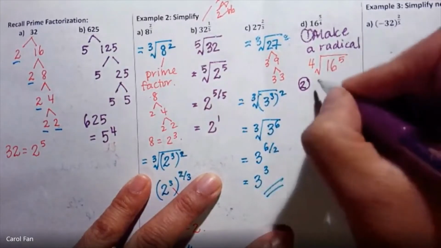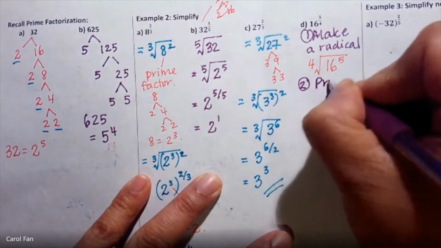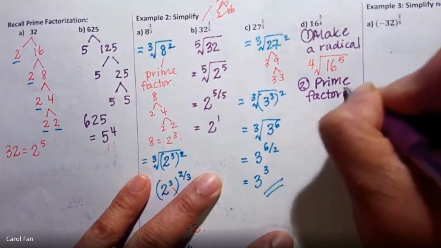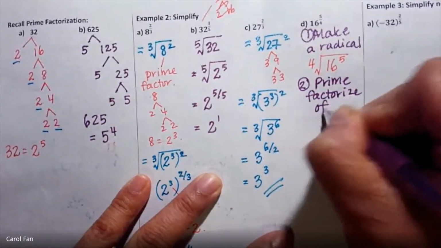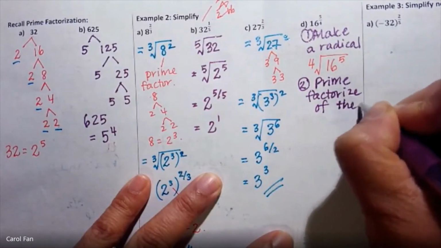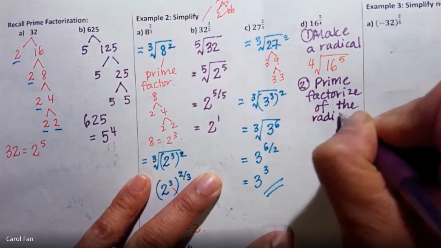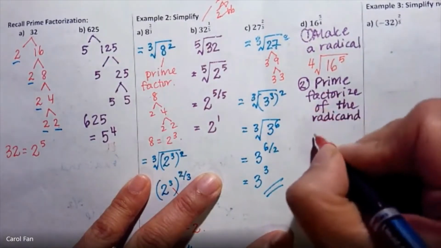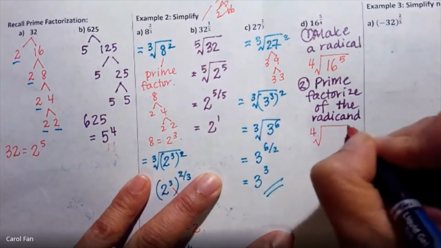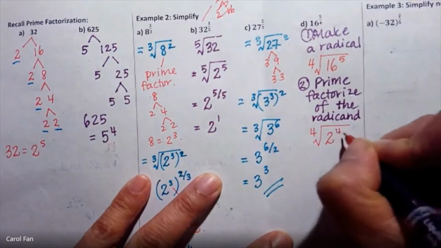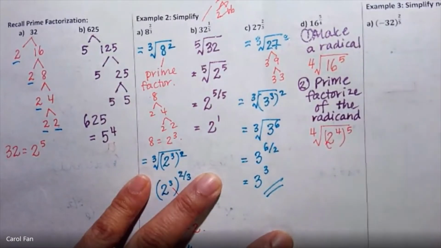Second step, prime factorization of our radicand. So in this case, we have the fourth root of 2 to the power of 4, to the 5.